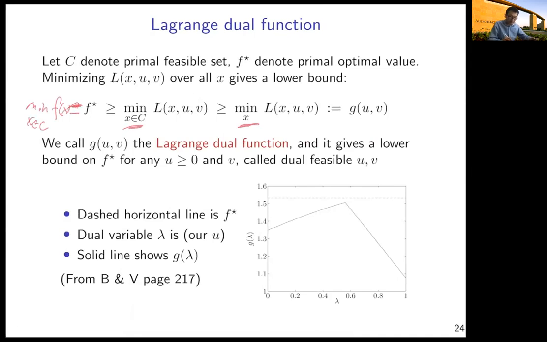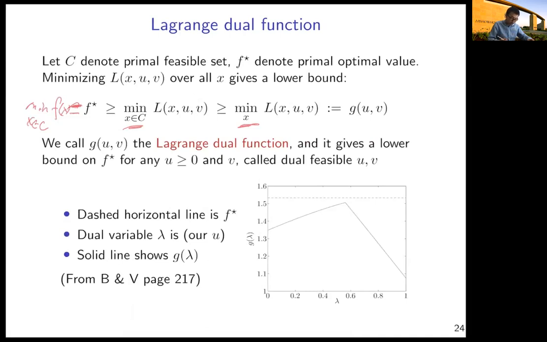And in the same way we can define this g(u,v) more generally rather than just for LP. This g(u,v) is called the Lagrange dual function. So L is called the Lagrangian and g is called the Lagrange dual function. And this g(u,v) always gives a lower bound on f star for any u, v that are feasible.